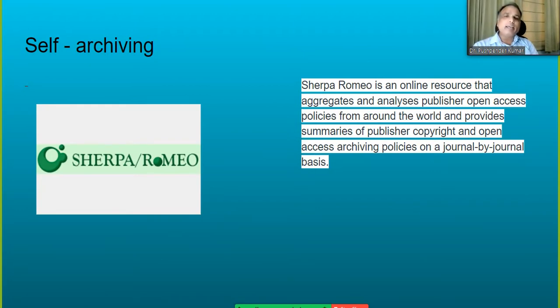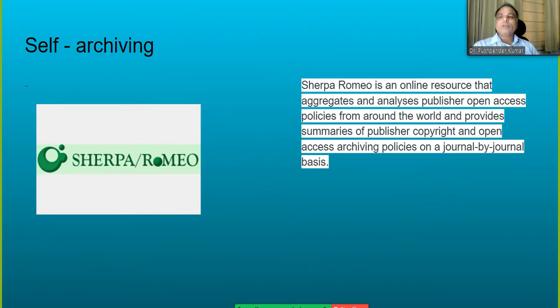It will tell you which journal has adopted an open access policy from around the whole world, not in India only, and provides a summary of publishers, their copyright, and open access archiving policy on a journal-by-journal basis. So you want to know whether they will permit you self-archiving, whether they will permit you for copyright or not, whether it would be an open access journal.